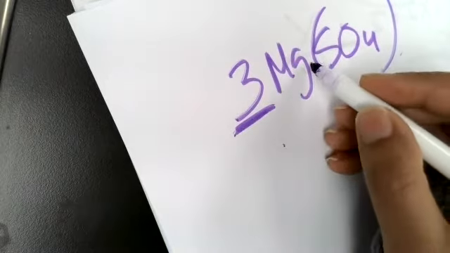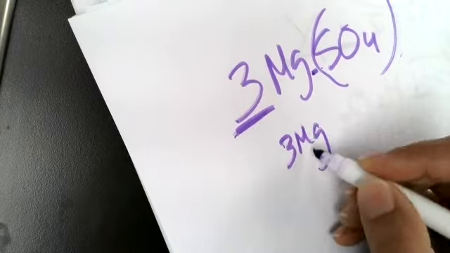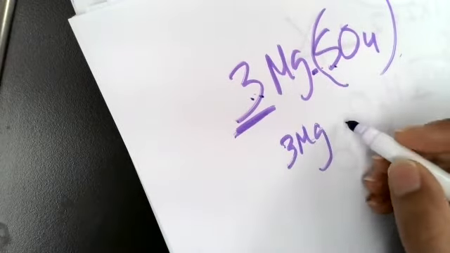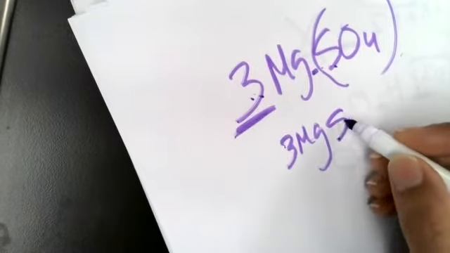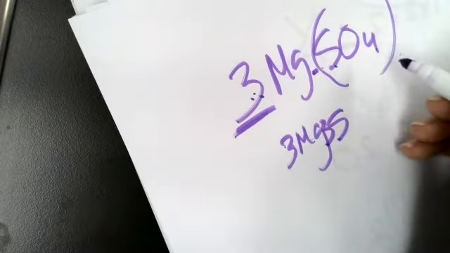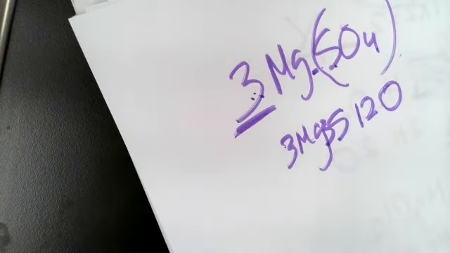So you've got 3 times 1 magnesium, which is 3 magnesiums. This 3 also applies to sulfate, so 3 times 1 sulfur is 3 sulfurs, and you have 3 times 4 oxygens, which is 12 oxygens. So once you count your atoms correctly, you're on the right path, you got it.